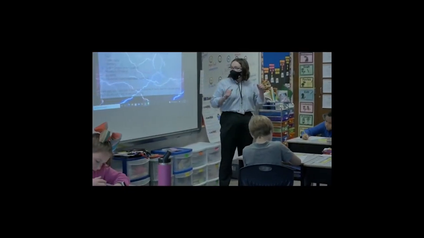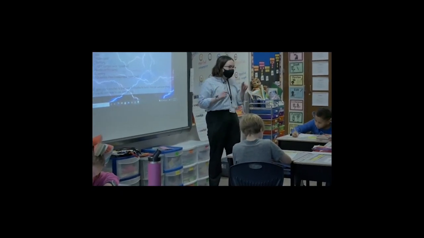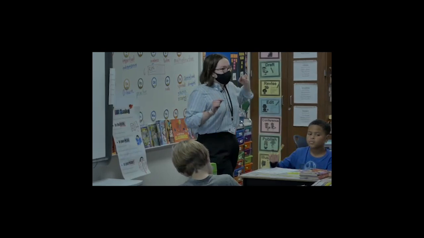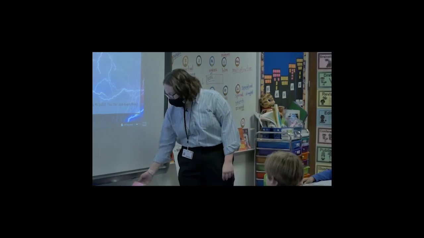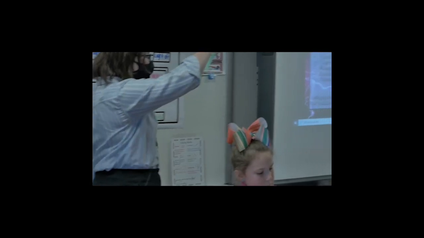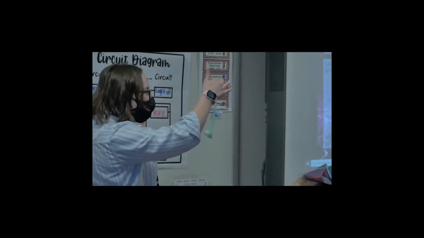Okay, so now you are going to have 20 minutes to make a tiny LED light up. So let's go through the materials that you will have. You have tape. Each of you gets about 1 foot of tape.